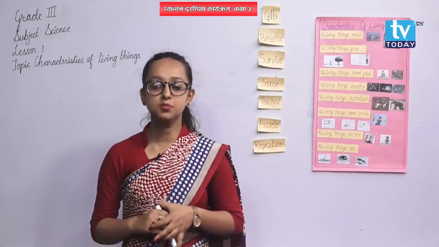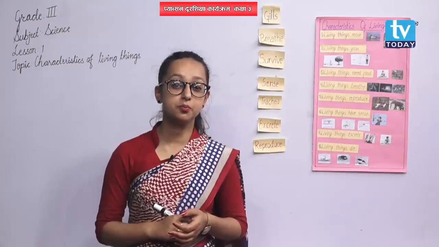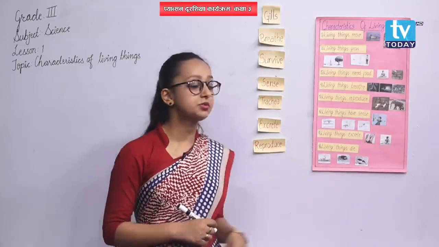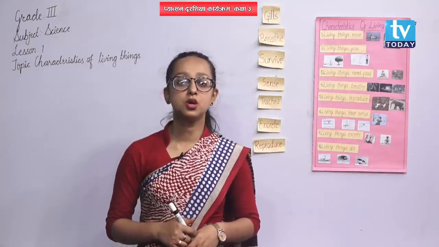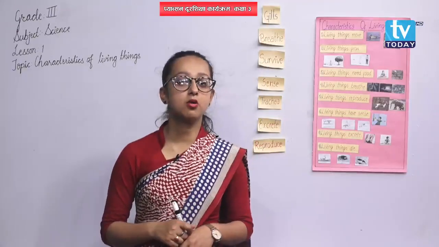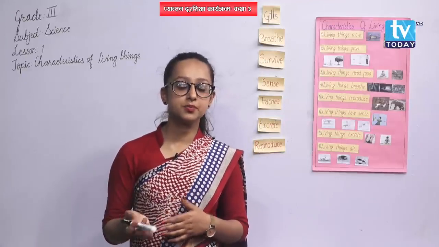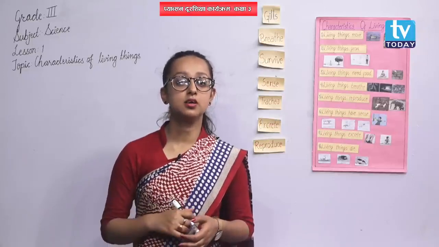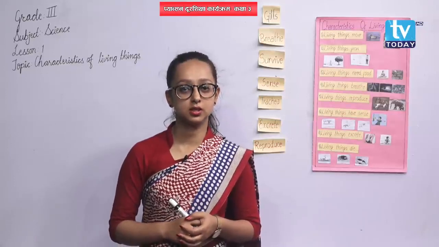Stomata are the small pores present in plants that help a plant to breathe. Similarly, we went through the term excrete as well. What is excrete? To throw out waste materials from our body is excrete. And reproduce is the process of giving birth to young ones. That process is called reproduction.